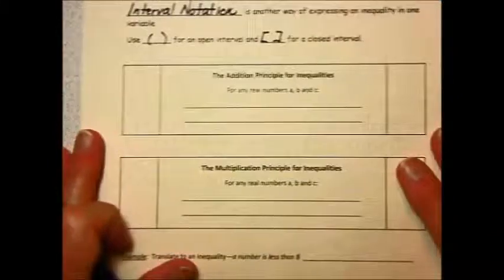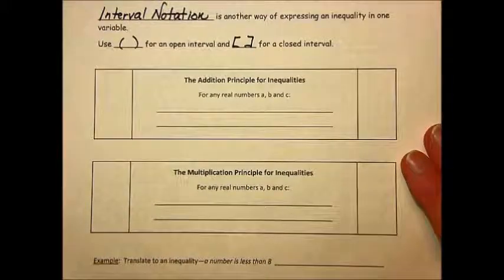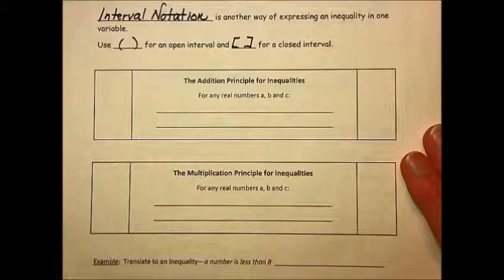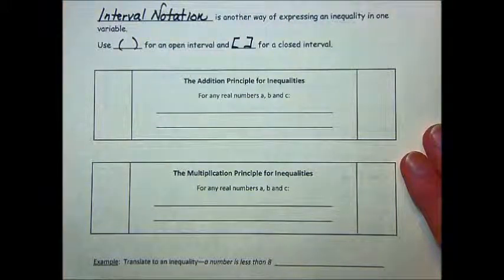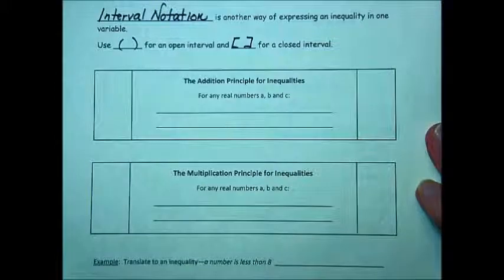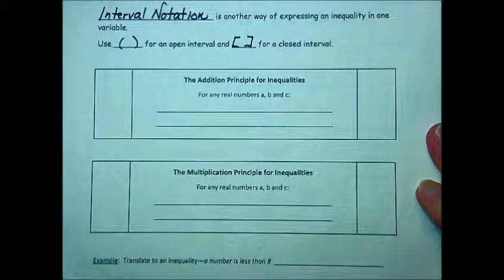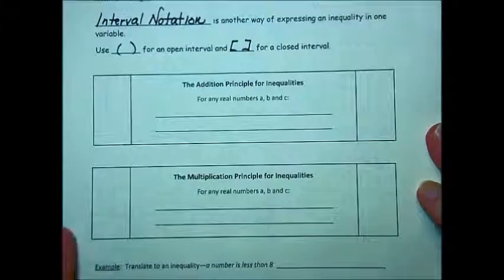When we solve inequalities, we basically use the same procedures that we did with solving an equality. And just as the addition principle for equations produces equivalent equations, the addition principle for inequalities produces equivalent inequalities.